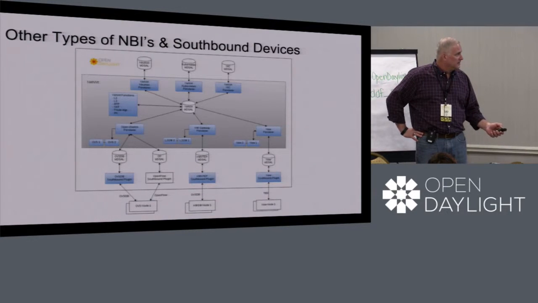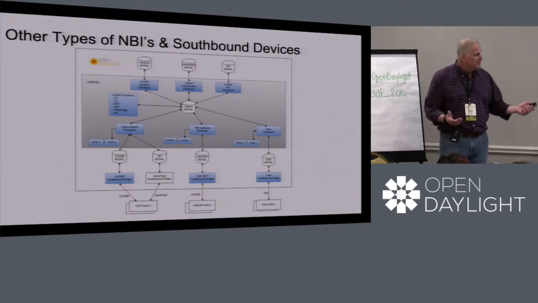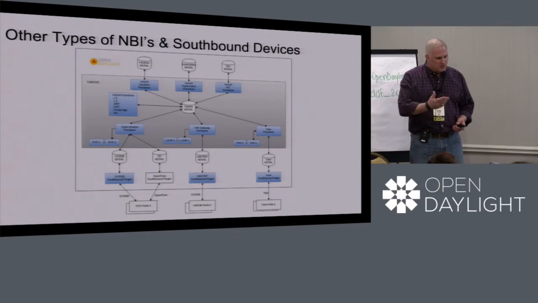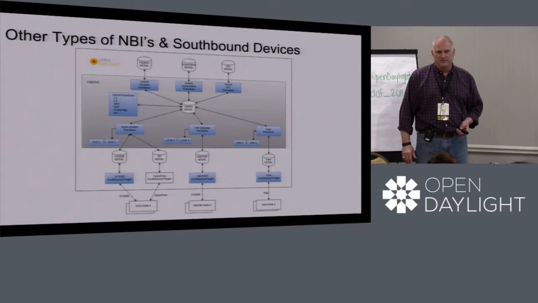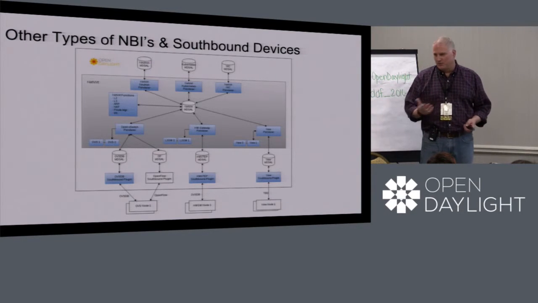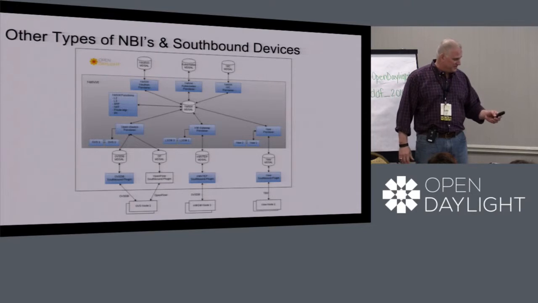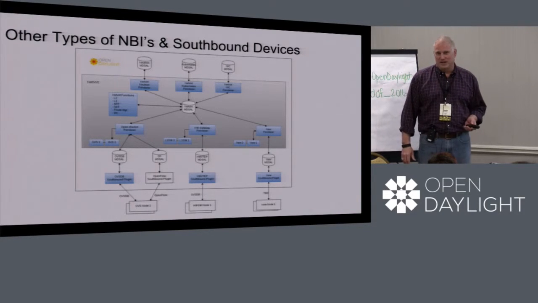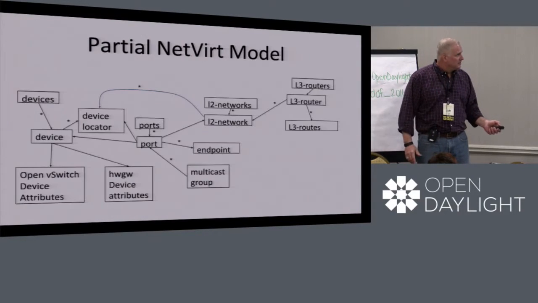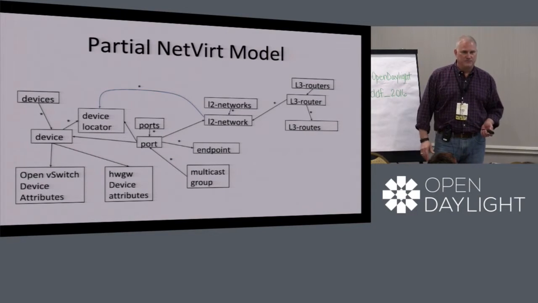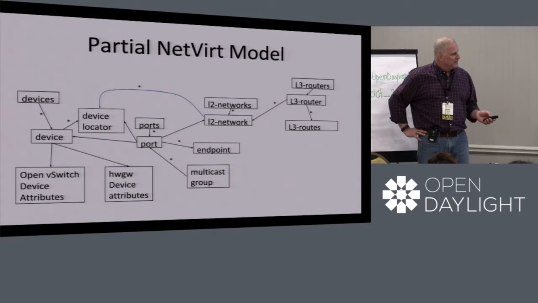And this is just another picture of basically the same thing, but showing the goal of making it even more flexible than just supporting the layer 2 gateway, but other types of southbounds, other types of northbound APIs. And a lot of the work is going to go into building this model. When coming up with a draft model, I did look at the OVN schema, northbound database and southbound database.